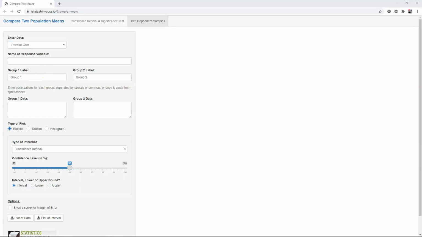So what I'm going to do is copy and paste the data directly from our list of numbers into this. Our response variable, again, is the marathon time. So it's always good to put something reasonable into here that makes sense. The first group, again, is we're going to do without. The second, we're going to do with, since we're doing without minus with. And now copying these numbers in.